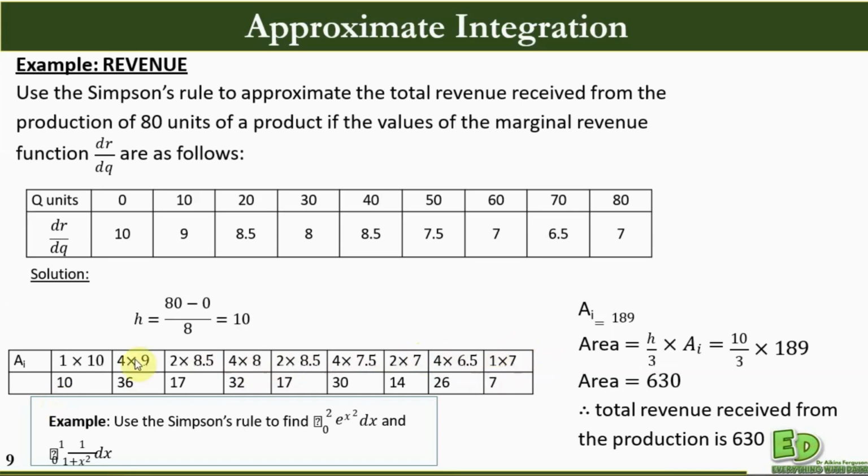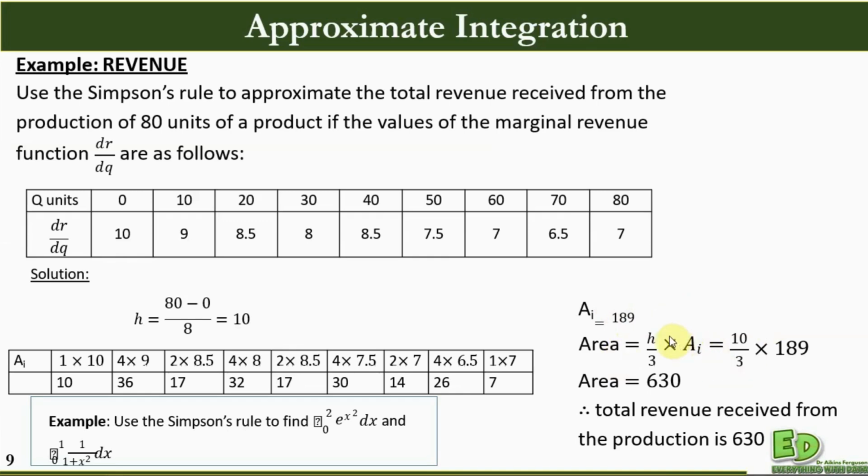Okay. Then if you multiply everything here, you should get 10, 36, 17, 32 to 7, right? The next step is to add all these values here from 10 to 7, and that should give you the total sum of 189, right? That is not the final answer. And then you find the area. It is h over 3 because you need 3 points. You multiply it by the total sum of 189.